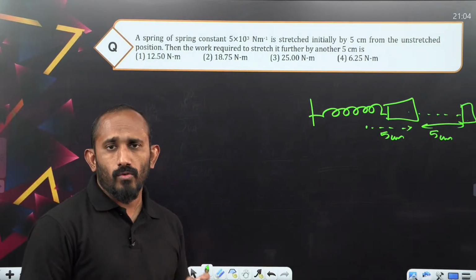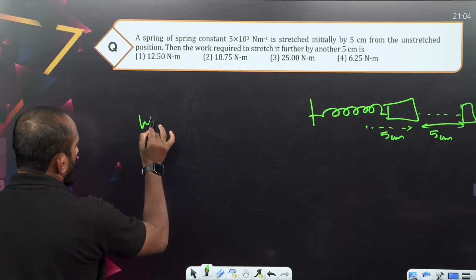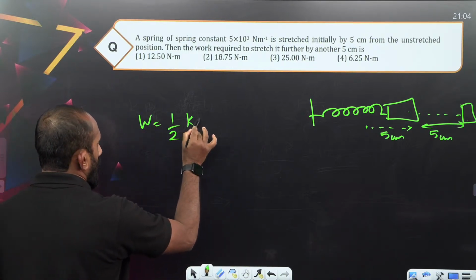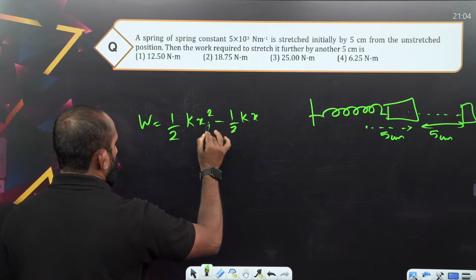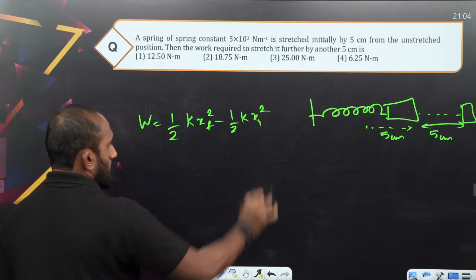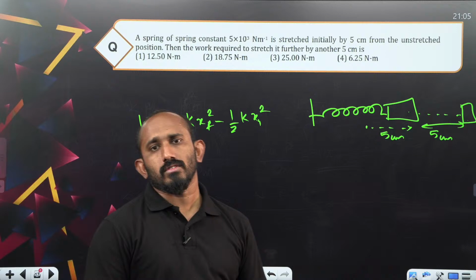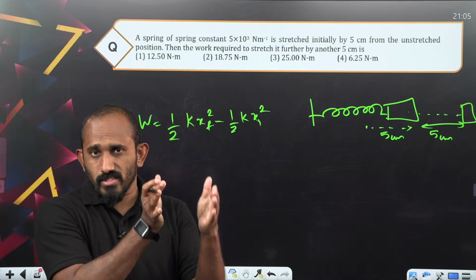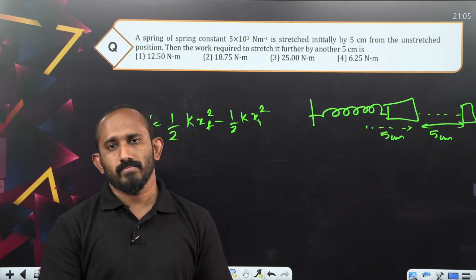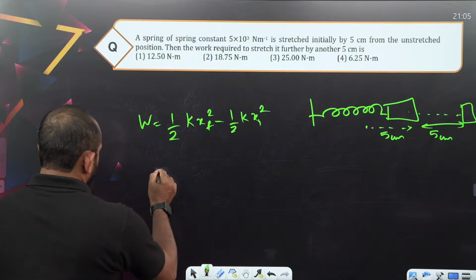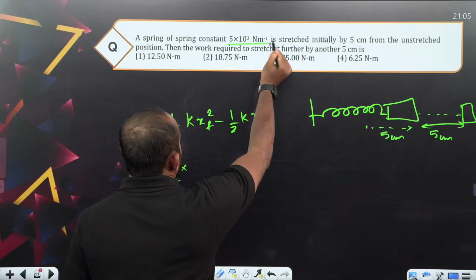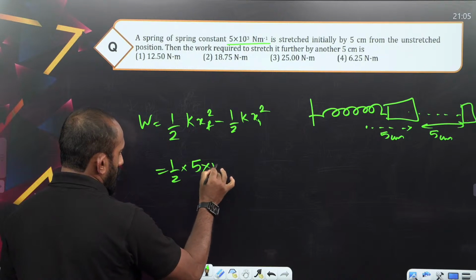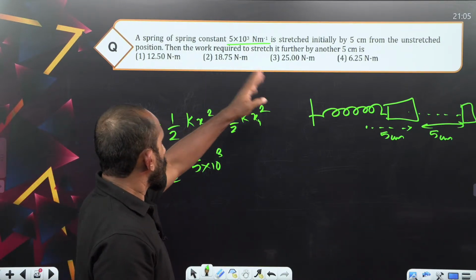Work done by spring force, W is equal to half k x_i square minus half k x_f square. Initial and final energies you have to find, so the total change in position you have to find. So we have the equation half into the spring constant, which is given as 5 into 10 raised to 3, into the final position.